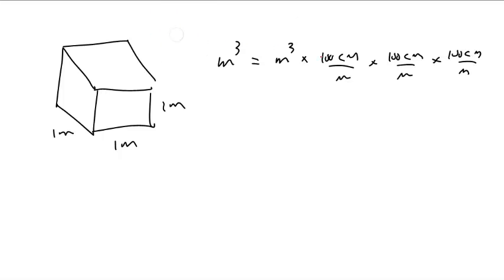That cancels out the 1, 2, 3 meters below with all 3 meters up top. So 1 cubic meter is 100 times 100 times 100 cubic centimeters, and that is a 1 with 1, 2, 3, 4, 5, 6 zeros.